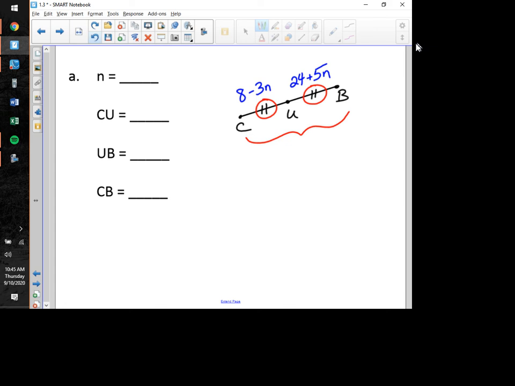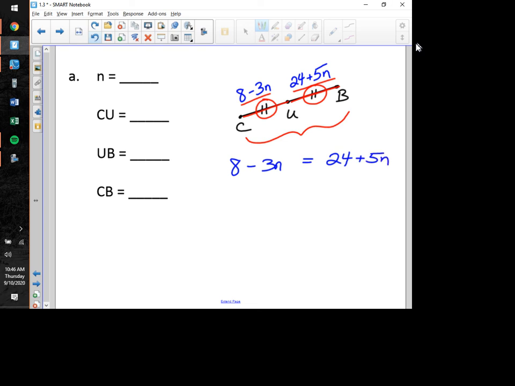So that means that this distance from C to U, which is 8 minus 3n, and this distance from U to B, which is 24 plus 5n, those two lengths or measurements have to be equal to each other because the tick marks tell us that. 8 minus 3n must equal 24 plus 5n.